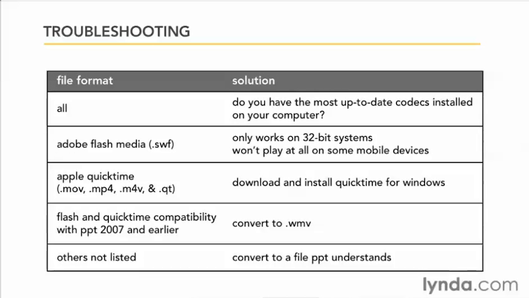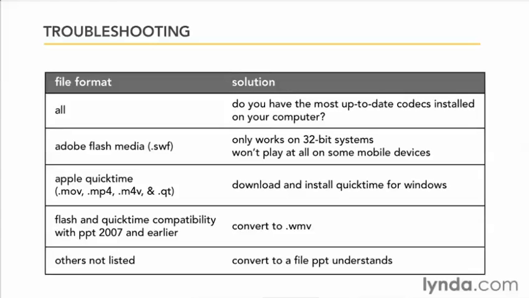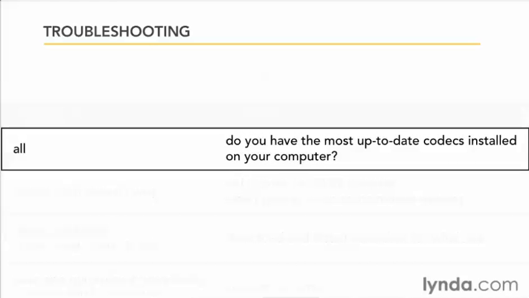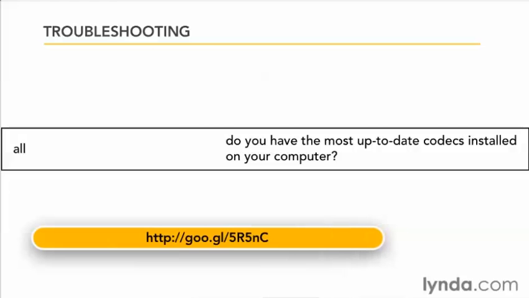Now let's do a little troubleshooting. Video compatibility can occasionally be quite problematic. Is your video not playing properly, even though it has the same file extension as one I listed earlier? The correct version of the codec may not be installed on your computer. You can download more recent codec files from Microsoft's website.